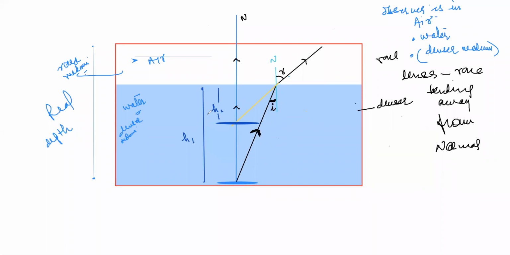So we always observe anything inside water, or any denser medium, slightly upward displaced from its actual position.